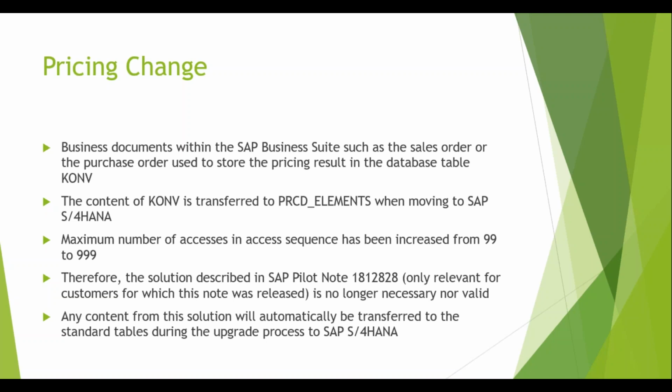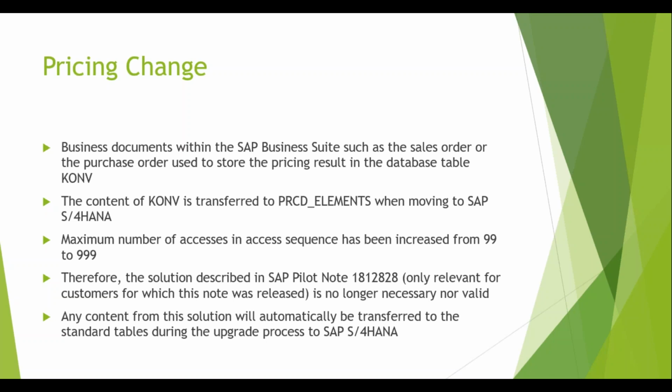Okay, I told you not to go into that much technicality, but just to understand that cluster tables are the slowest tables, and transparent tables are the target of SAP S4HANA, which is to convert most of the cluster tables into transparent tables. So KONV, being a cluster table, has its limitation in processing the records.